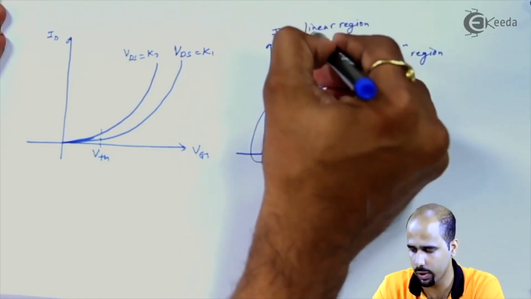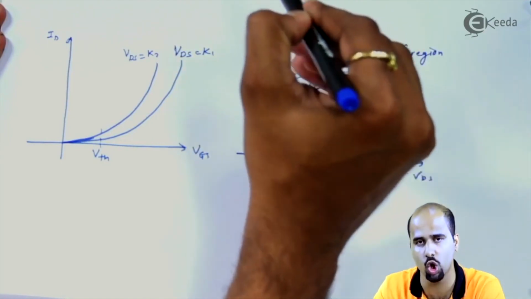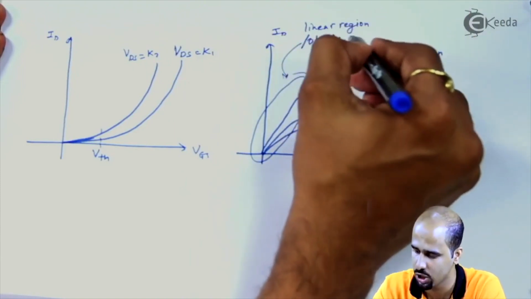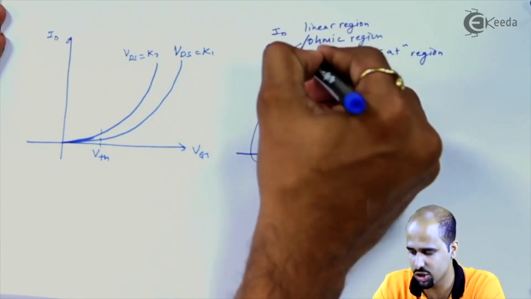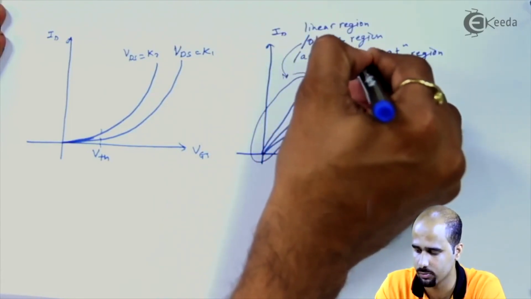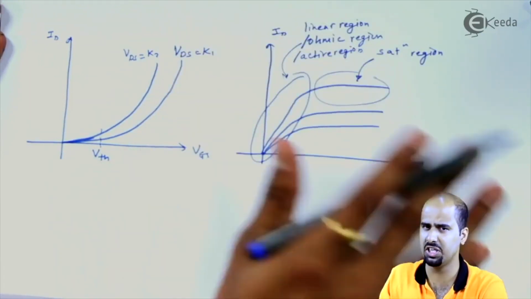Moreover, this is also called the ohmic region, as Ohm's law is only valid for the linear characteristics of current and voltage, so that's why it is called the ohmic region. And this is also called the active region, where the value of the current is 0.